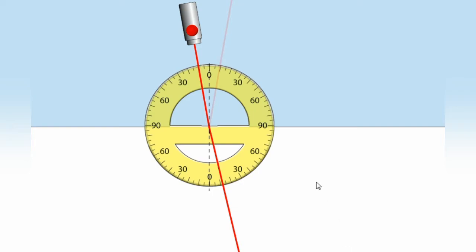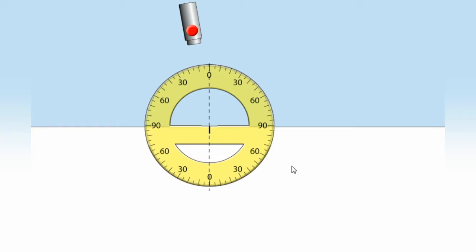In this animation, we have placed the source of light in the denser medium, which is the blue region, and we are trying to pass a ray of light from this denser medium into the air medium, which is a rarer medium.